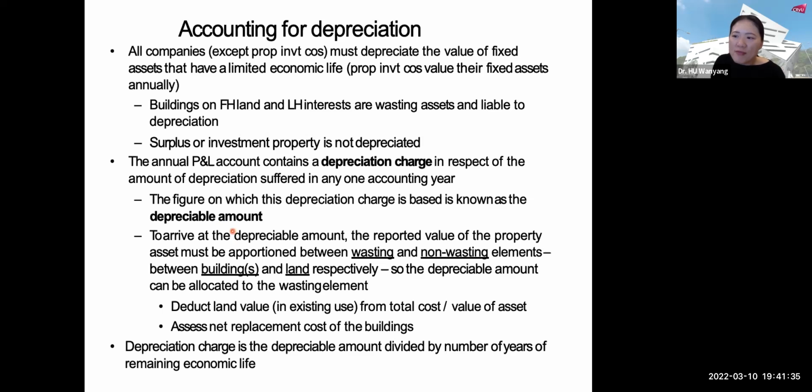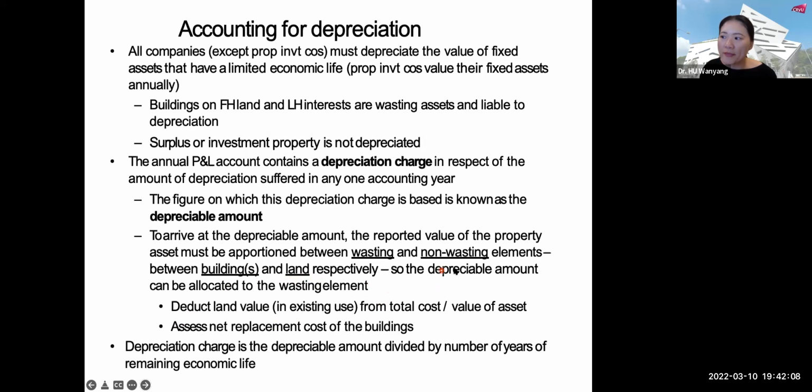So how do we derive this depreciable amount? There are some very detailed rules for the calculation, but I will go over this concisely. The reported value of the property asset needs to be apportioned between the wasting and non-wasting elements, that is, between buildings and land respectively.